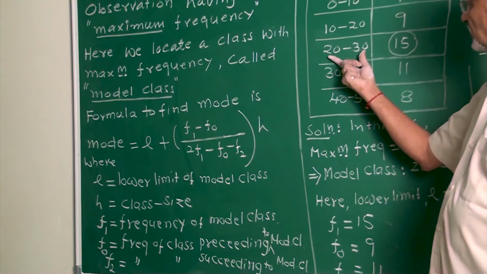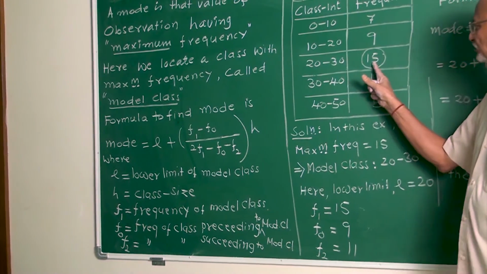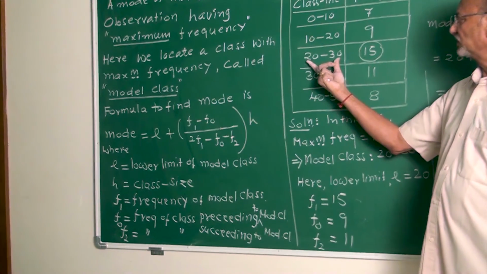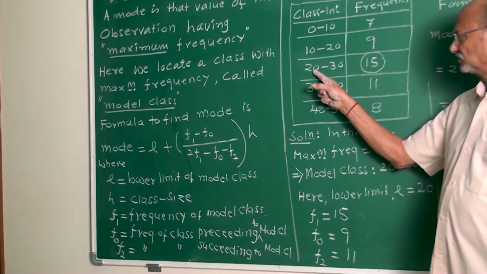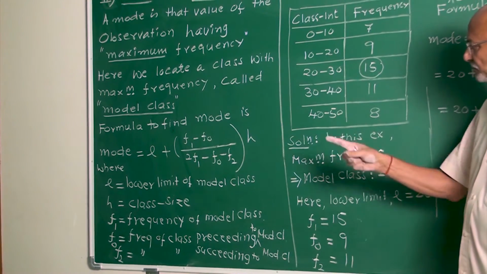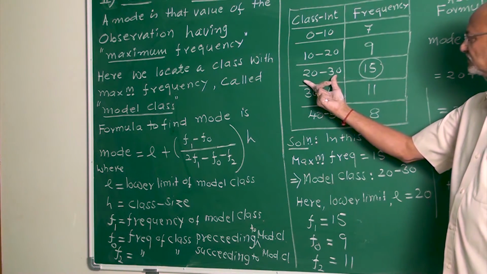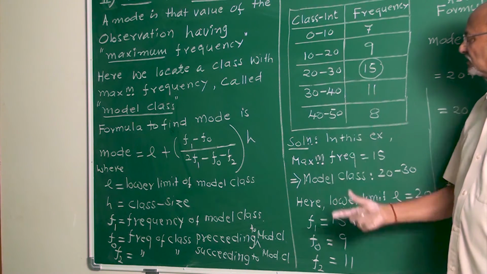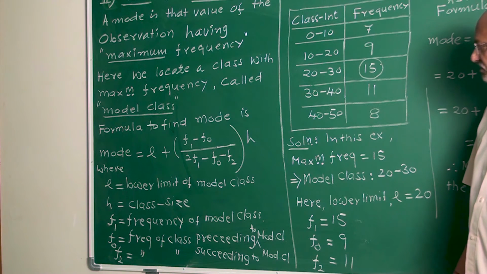This model class corresponds to the maximum frequency, and the lower limit of that interval is L. Then H is class size. What is the class size? 30 minus 20, which is 10. Class size is upper limit minus lower limit.